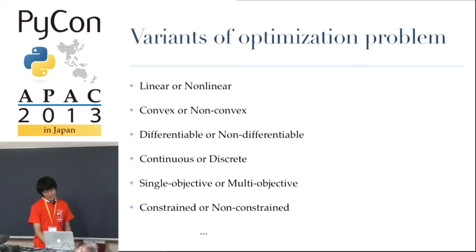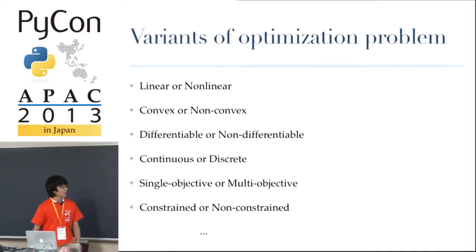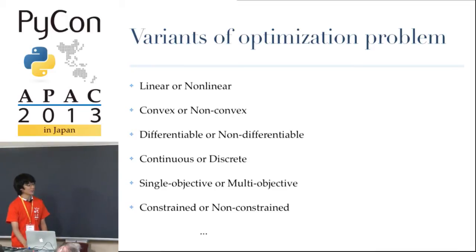There are many variations of optimization problems: linear or nonlinear, convex or non-convex, differentiable or non-differentiable, continuous or discrete, single objective or multi-objective, constrained or non-constrained, and so on.